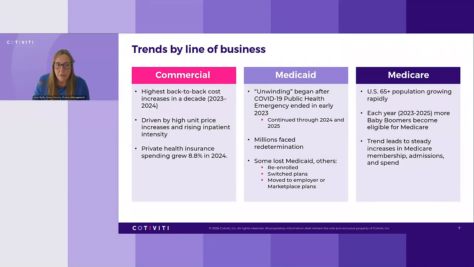So there's still a varying disparity across the commercial lines of business in the cost of inpatient stays, as well as the rising inpatient intensity. Here as well, a lot of the cost drivers are around maternity, with the added expensive surgical procedures like spinal fusion. So there was quite a bit of a jump in the commercial arena around spinal fusions.